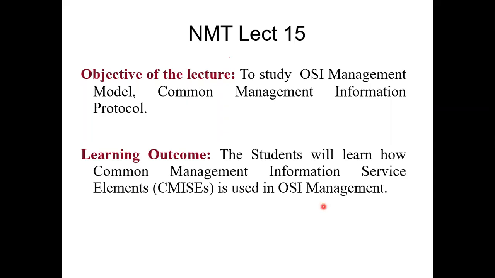Why I am telling you to draw is that the next chapter, which I will start immediately after your IA, is SNMP. There you have the SNMP version 1 architecture. At a glance all the architectures look the same: OSI, SNMP version 1, version 2. Version 3 is altogether a different architecture.